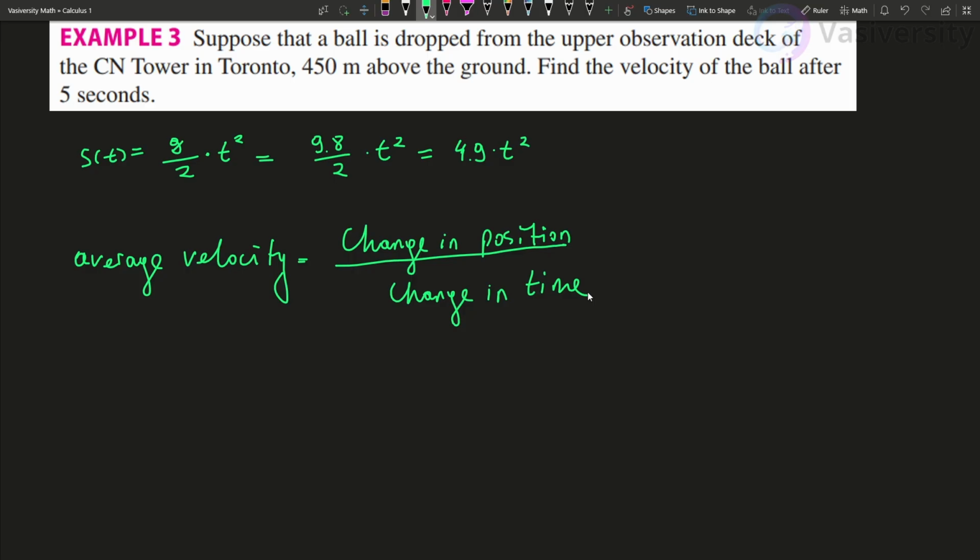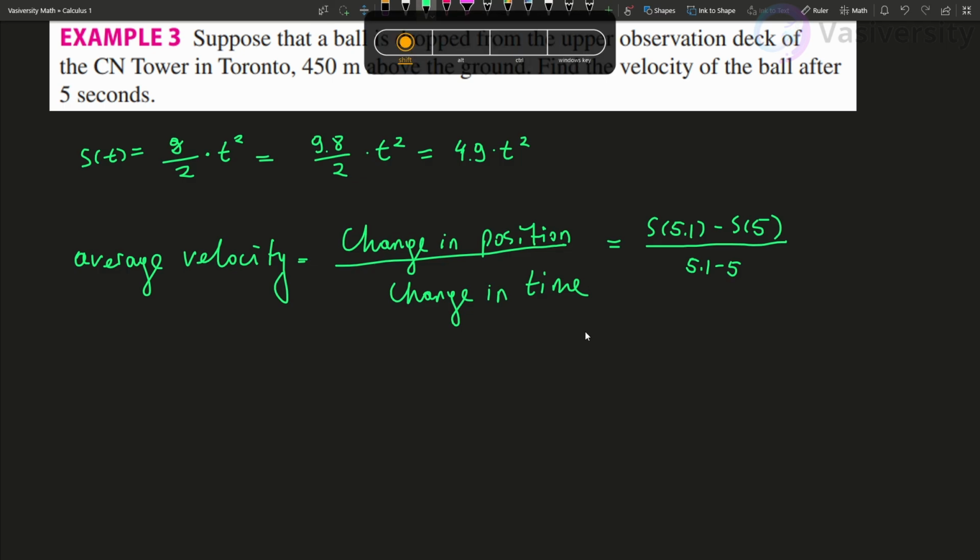Okay, so let's plug in. So we're going to have the following picture. s at 5.1 minus s at 5, divided by 5.1 minus 5, right? So I took 0.1 second away from 5, because we want to know exactly at 5 seconds, but we might not be able to.